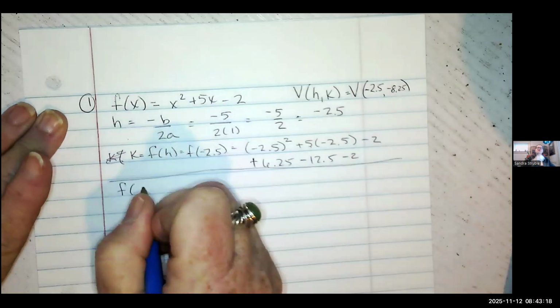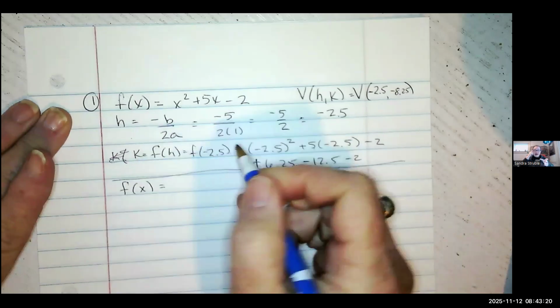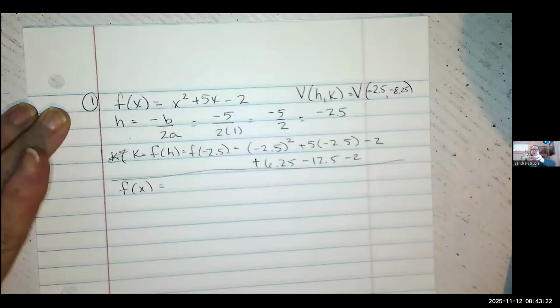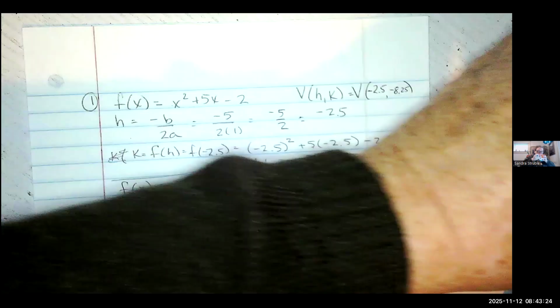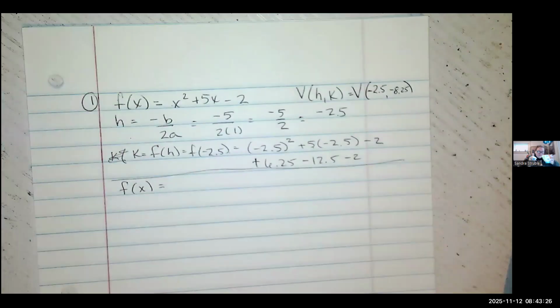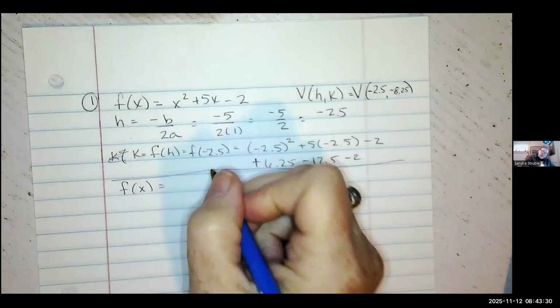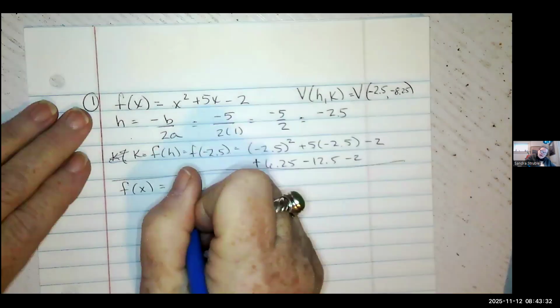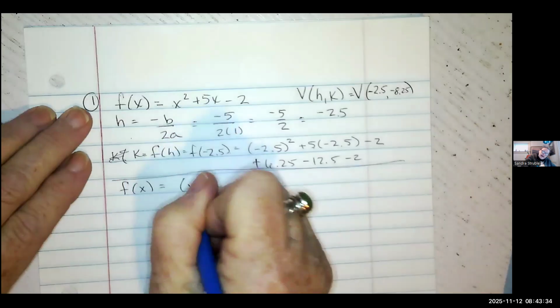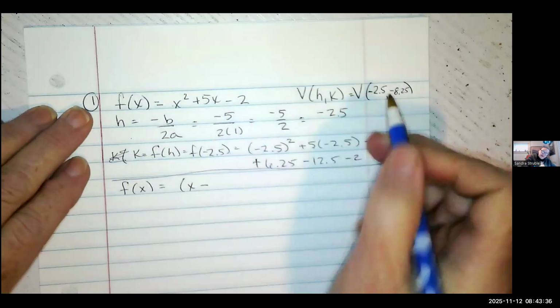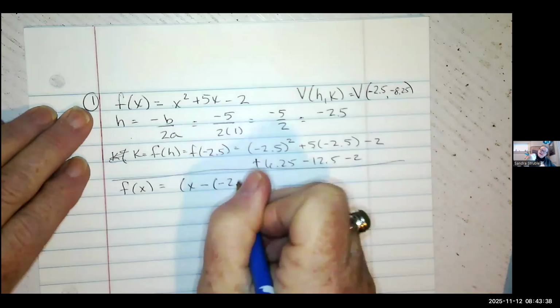The coefficient of x squared is our a. No matter what, we don't have to find a here. A is given. So it is a 1 for the a, and then we just need x minus h. H is negative 2.5. That is squared plus k.